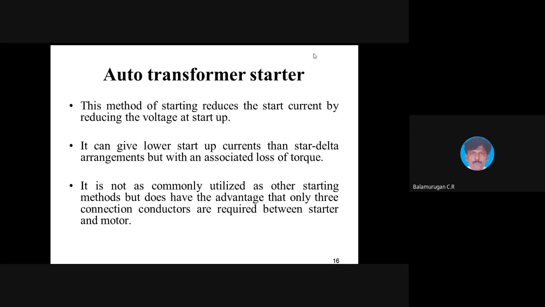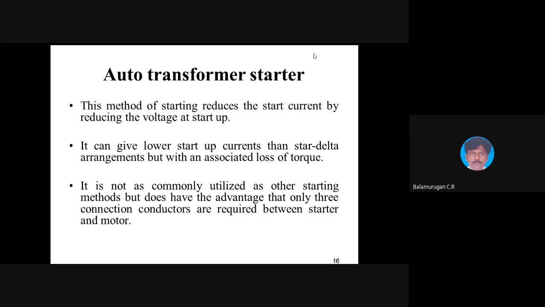What is the advantage of this type of starter? It can be used for machines greater than 5 HP. This type of starter will be less expensive.